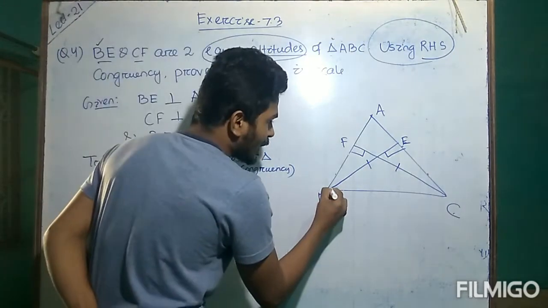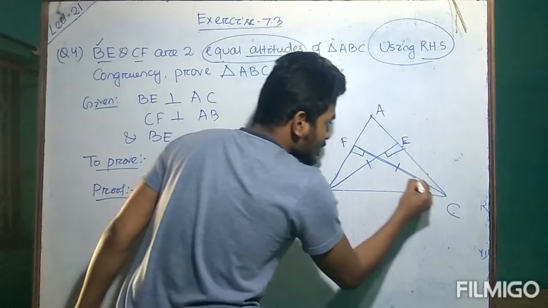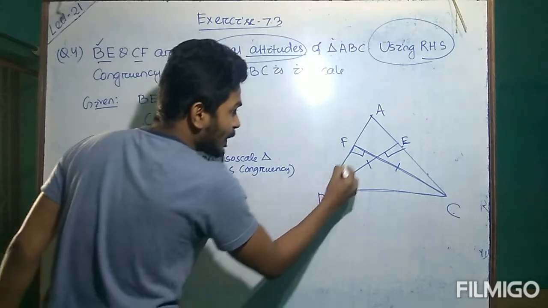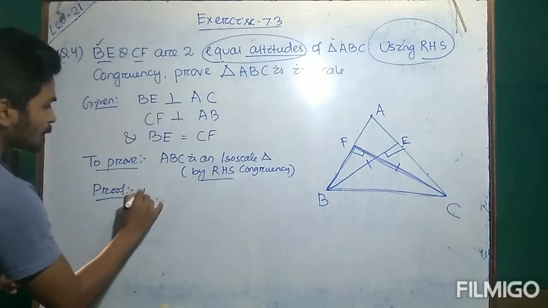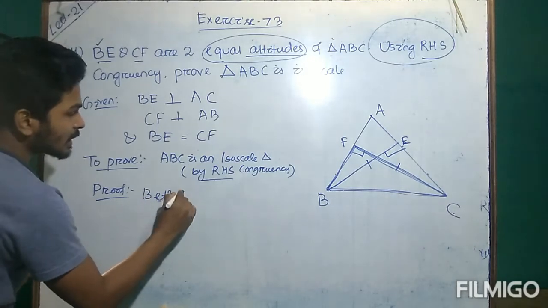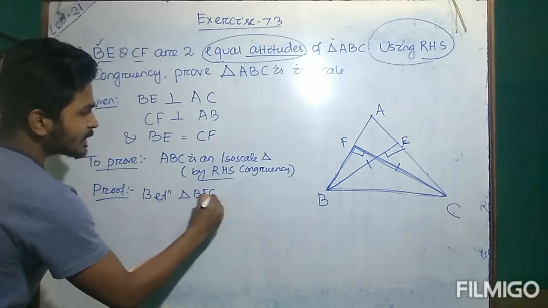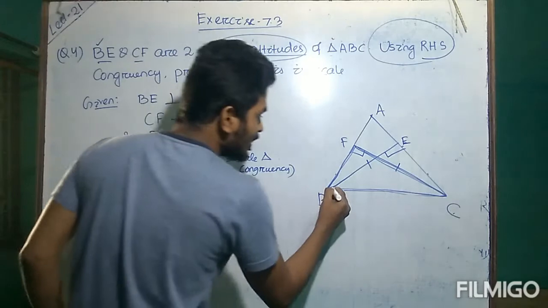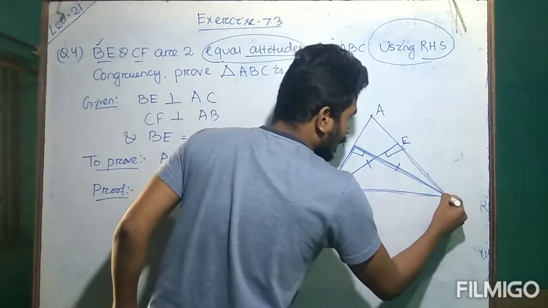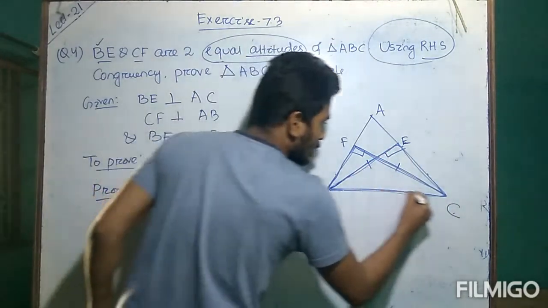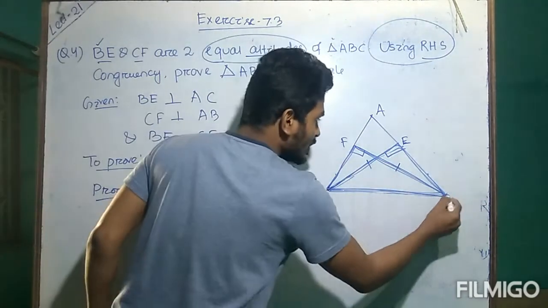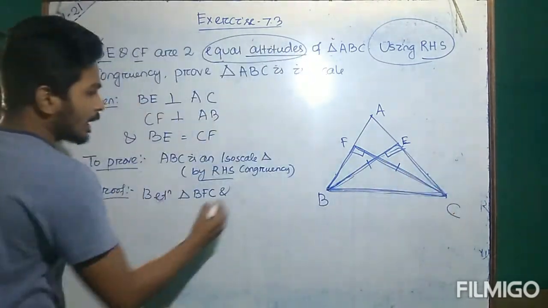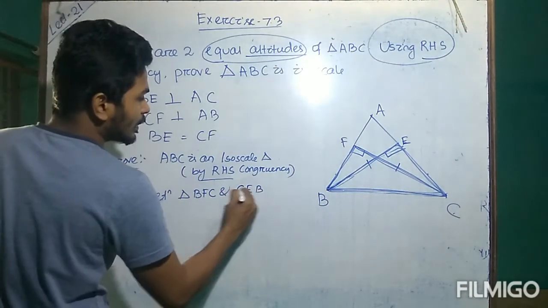This triangle, BFC, and this one, CEB. One is BFC, another is CEB.